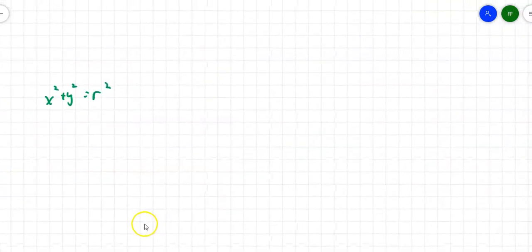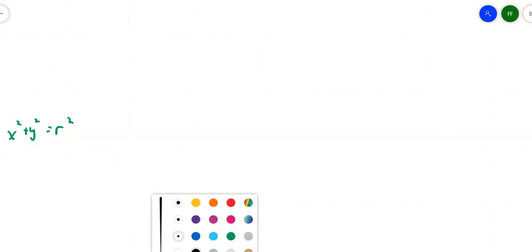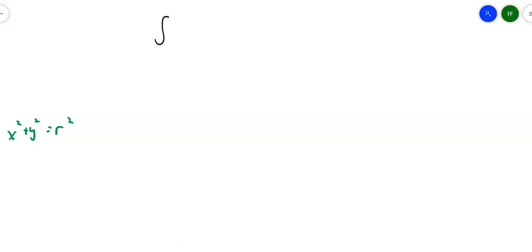So I'm going to set it up. I don't know if I'm going to work all the way through it, but at least I want to set it up to show you how it works. What you would do is you would say, I want to take the integral of r cubed square root of 1 plus 4r squared, integrate it with respect to r, and then I'll let u be 1 plus 4r squared.